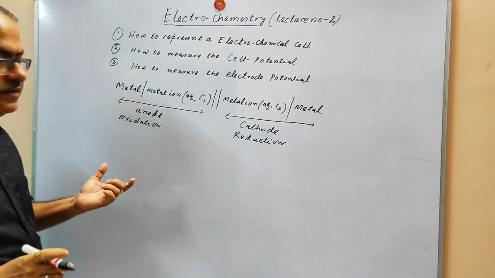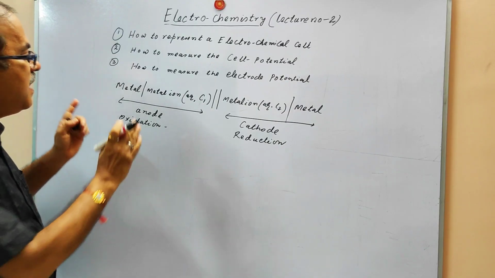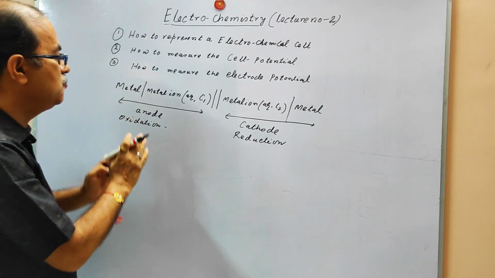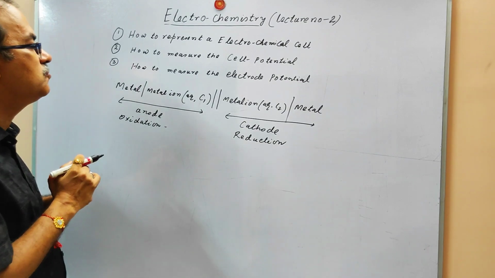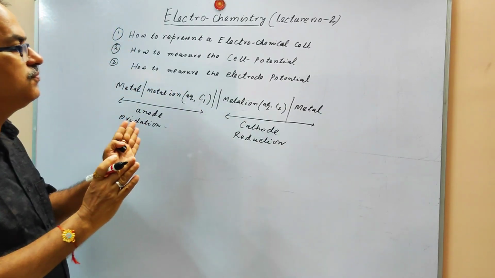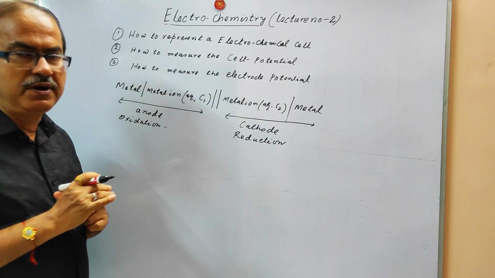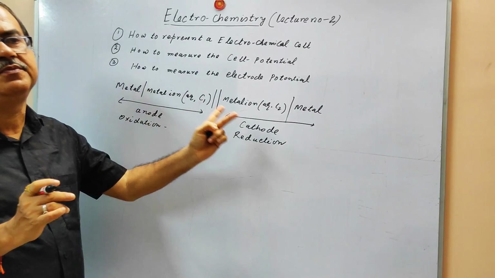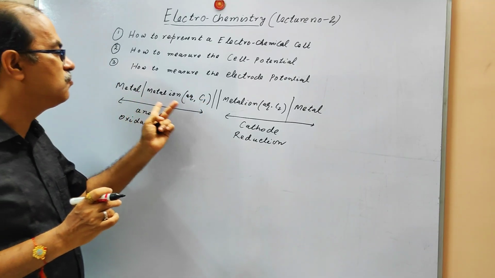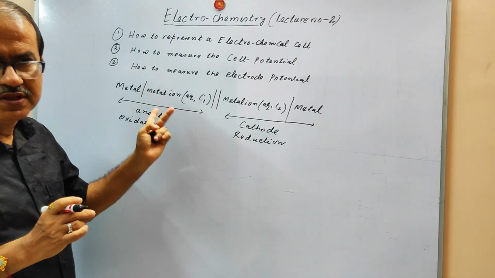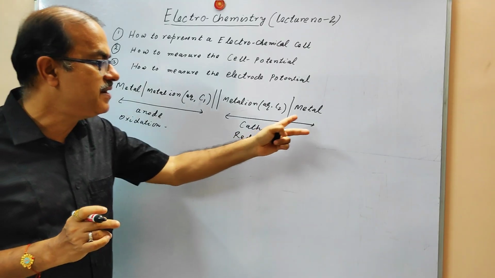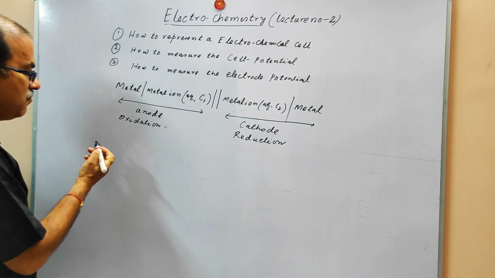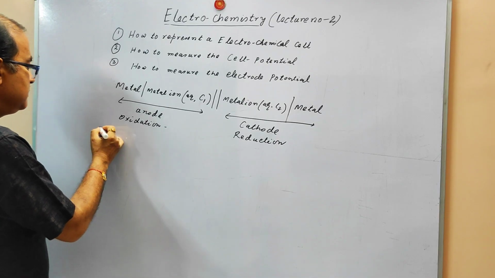So on the left hand side you have to put the anode electrode, then the electrolyte solution and its concentration, and after this a double vertical line. This represents the separation between the electrolyte solutions, the salt bridge, and here is also the metal.